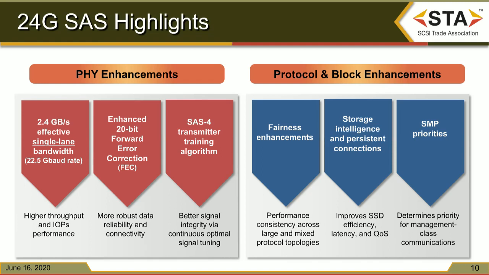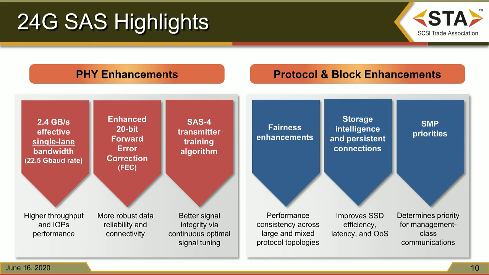I'm an Associate Technical Fellow at Microchip, and we'll be looking in the next few slides to highlight some of the technical aspects of 24 gigabit SAS and how we achieved doubling from 12 gig, how that technology was achieved. So in the slide in front of you, you'll see the red chevrons, and they equate to new PHY enhancements implemented to accommodate doubling of the bit rate for each lane.